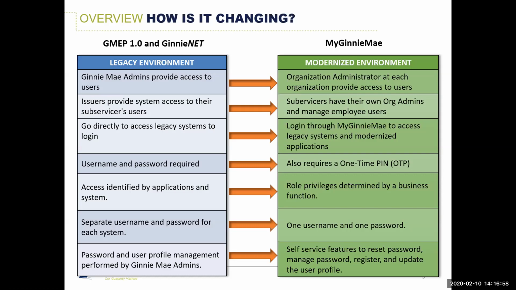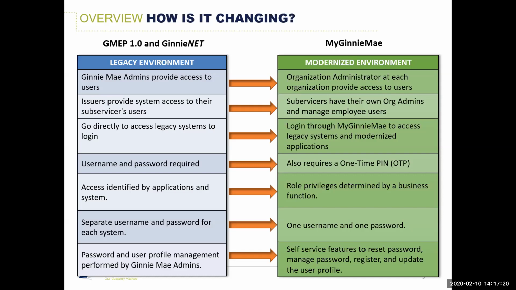The issuers in our legacy systems were provided access to their subservicers, but in MyGinnieMae, subservicers have their own admins and org admins, and they manage their employee access. So issuers no longer need to provide access to their subservicers in GinnieMae systems.